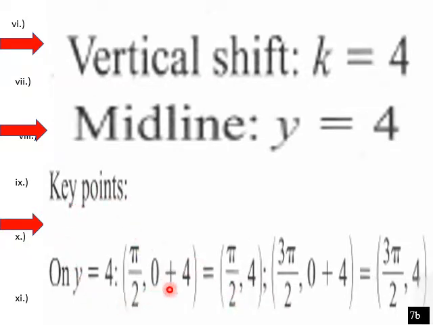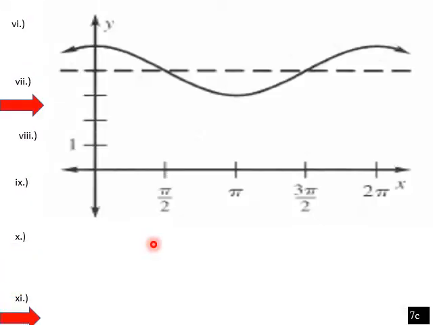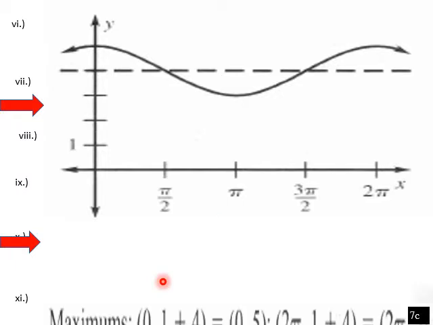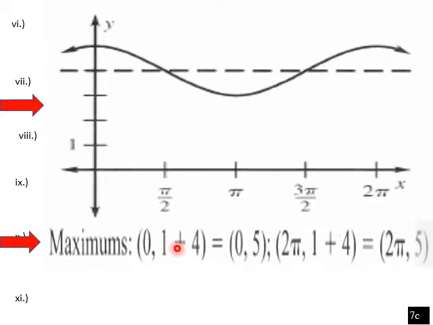So here are our key points here for our graph. Pi over 2, pi over 2. Then 3 pi over 2 is 4. And then here would be our sketch here of our graph, reflecting the 5 points here. The maxes would be 0 and 5.